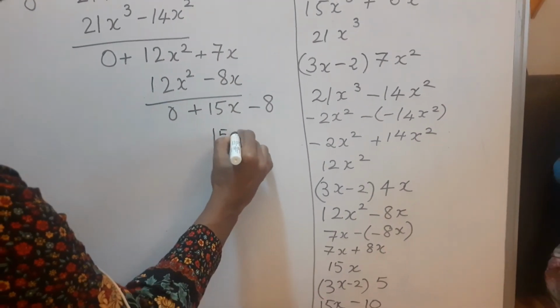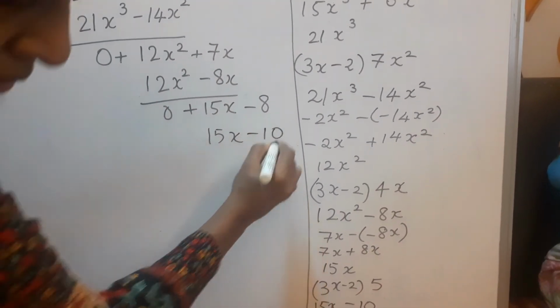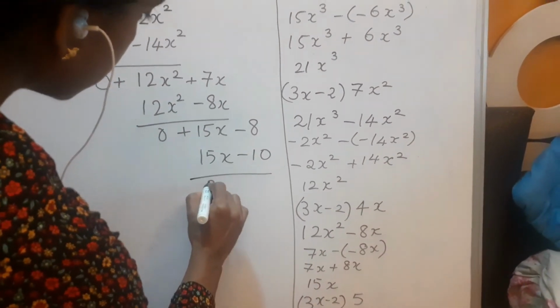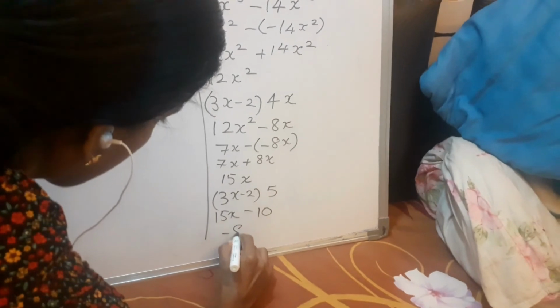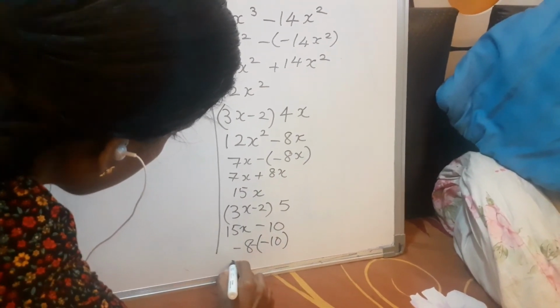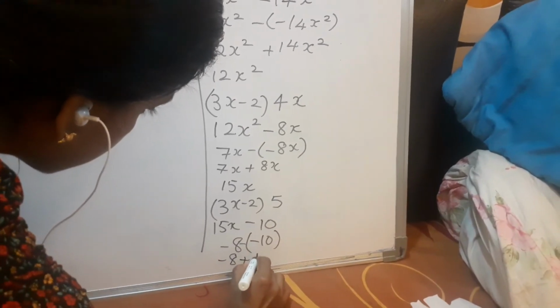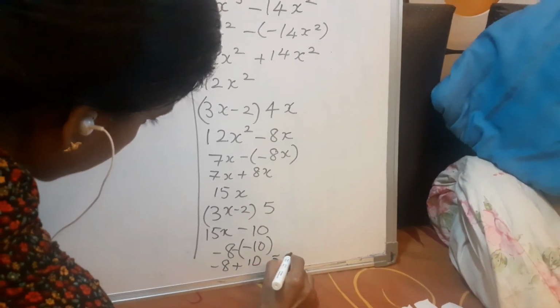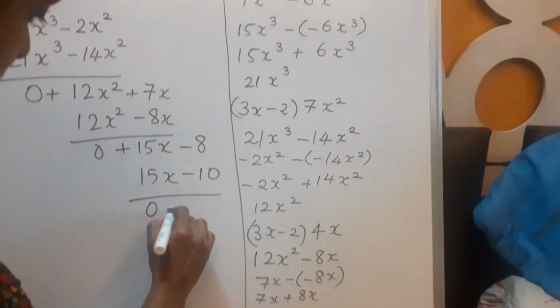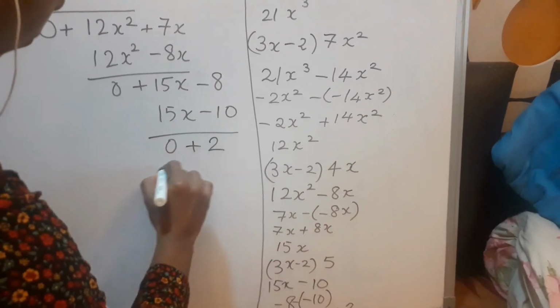Write it down here, 15x minus 10. Okay, solve it. This becomes 0, minus 8 minus 10, that is minus 8 plus 10, and that is equal to 2. Okay, so this is plus 2.